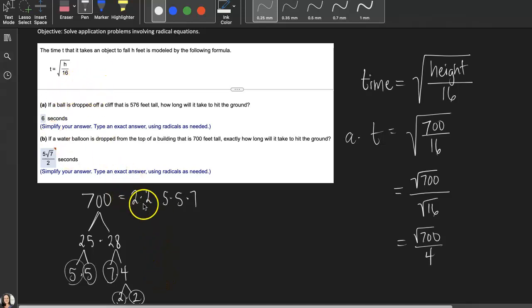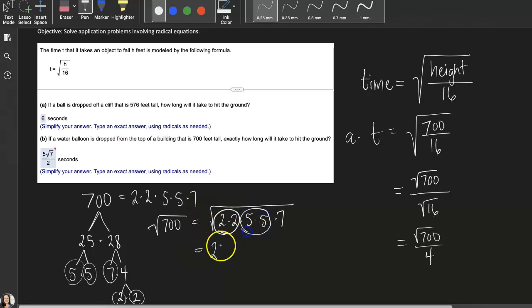Up next, if we're going to take the square root of these prime factors, what we could look for are pairs of factors. So let me rewrite that. It will look like this. I'm just taking the square root of the prime factorization of 700, and I'm looking for pairs of factors. I can pull out one of those factors in front of the radical.